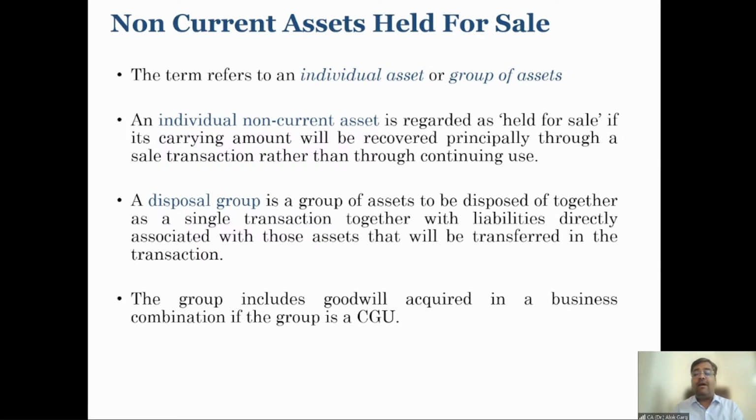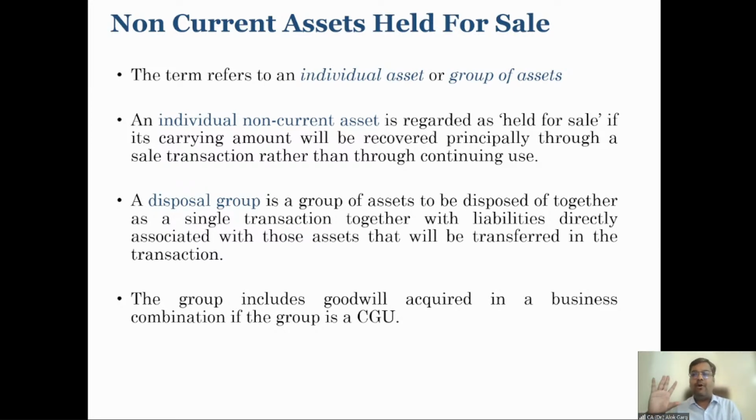That group includes goodwill acquired in a business combination, and the group is a CGU. Even in the disposal group, there could be goodwill also, right? If a disposal group is a cash generating unit, you must remember AS 28, the impairment of assets standard. Do you have some blurry memory about this? You must have read the concept of cash generating unit, where goodwill is also required to be allocated.